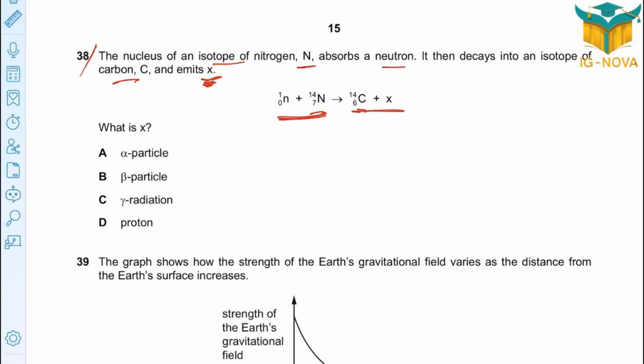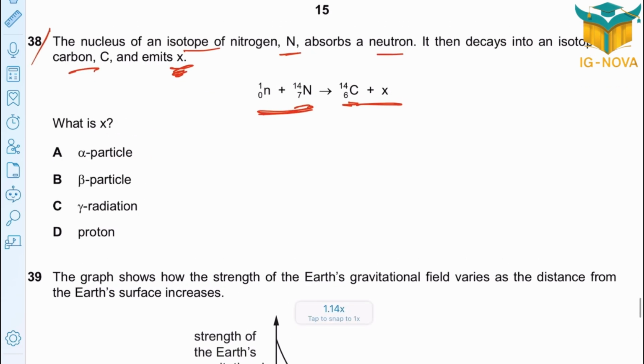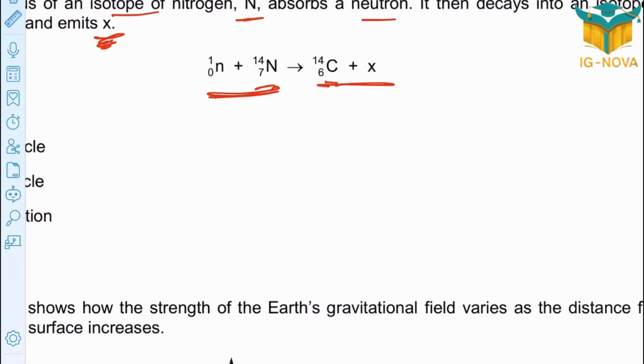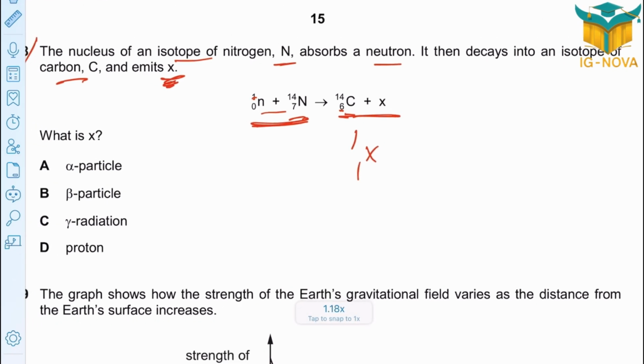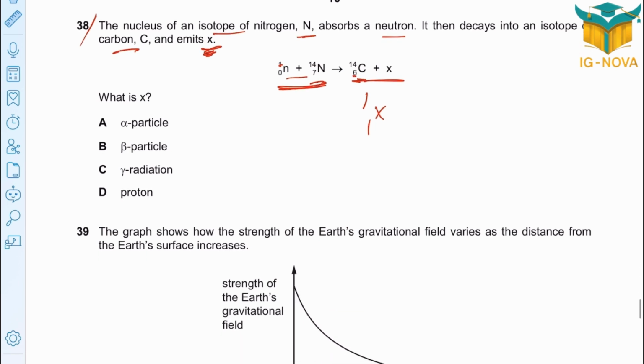For proton number, the atomic number here, 0 and 7 must become 7 and 6, so this X must be 1. For mass number, it's 1, 14, and 14, so the difference is this one, so X is 1 1. X described as a proton.